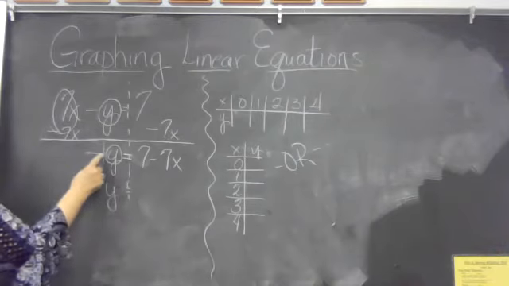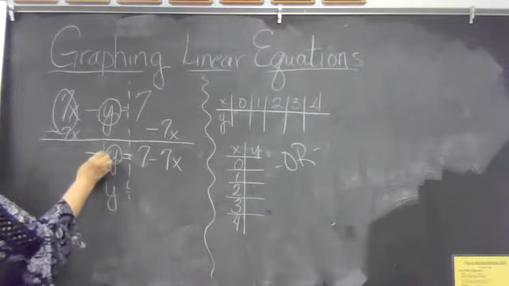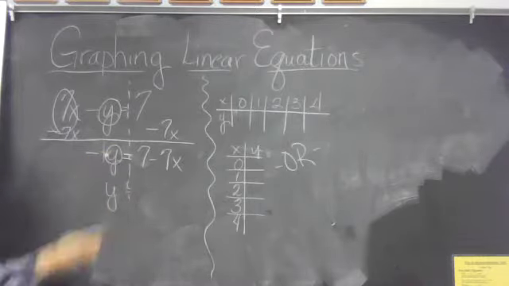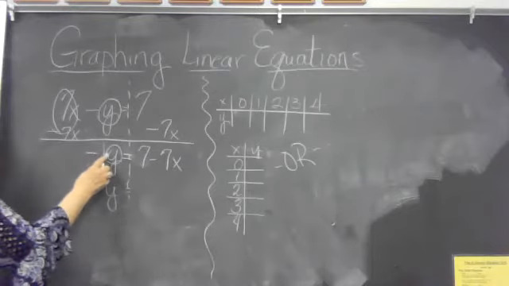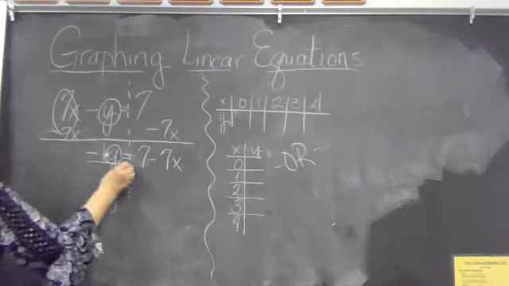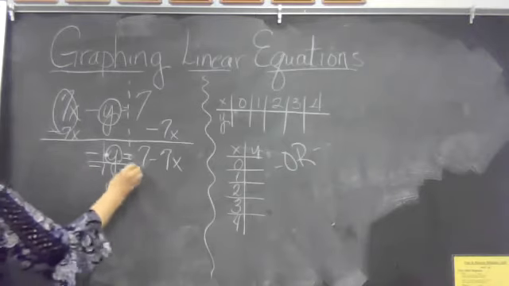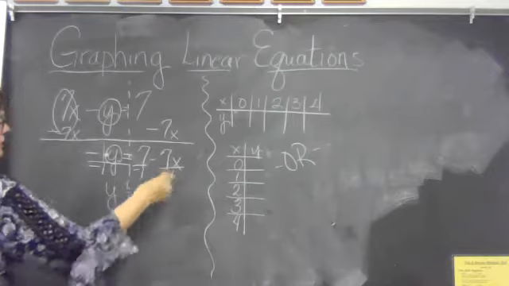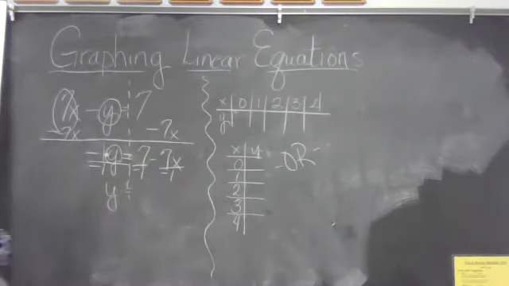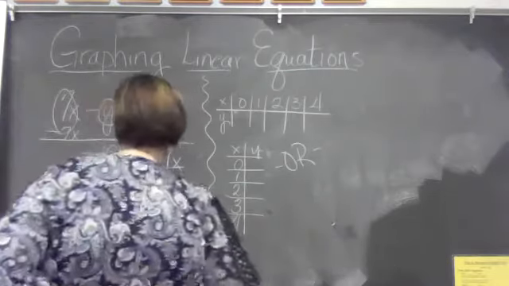Notice that the negative 1 and the Y are smashed together, and that means they're multiplied. And the only way I can get rid of this negative 1 is to do the opposite operation of multiply. So I'm going to divide by negative 1, divide by negative 1, divide by negative 1. I divide everything by negative 1 when I divide.